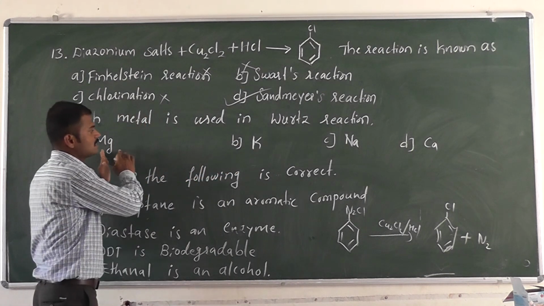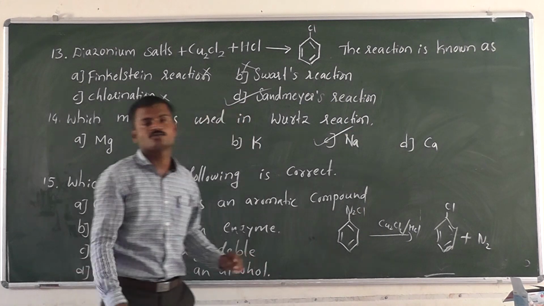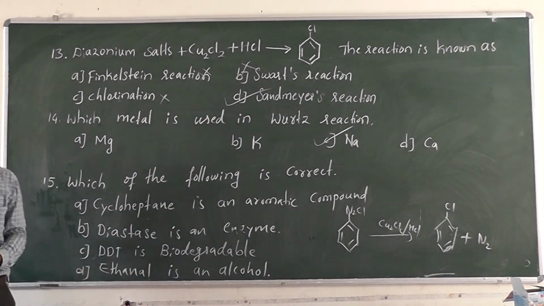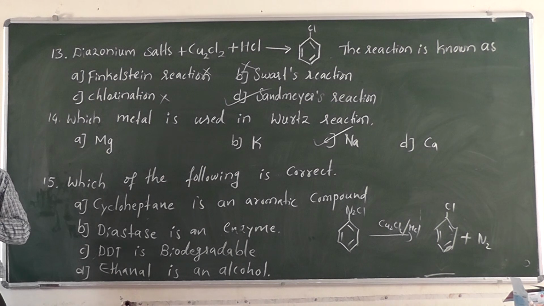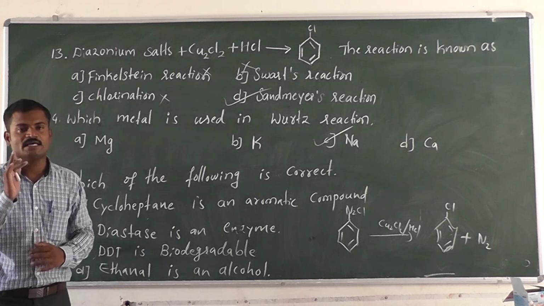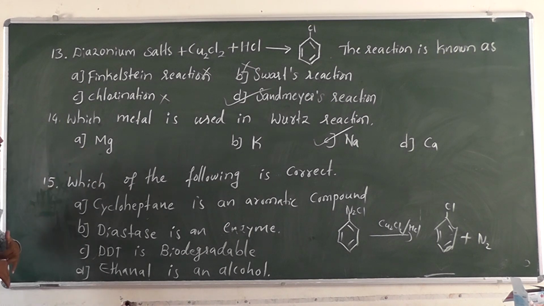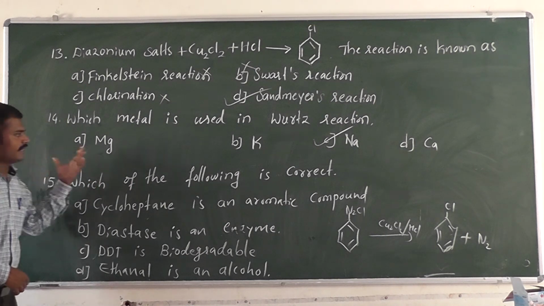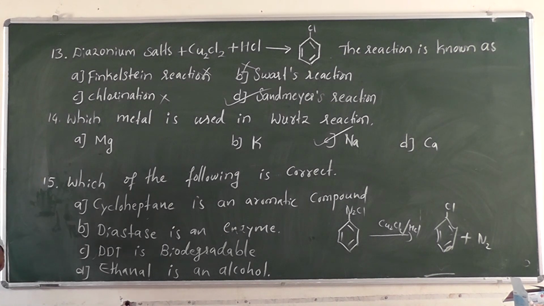It is not magnesium, not potassium, not calcium. Then the answer should definitely be sodium. Then where are we using magnesium? We are using magnesium in the Grignard reagent, RMgX. So the correct option for this question is option C, that is sodium.